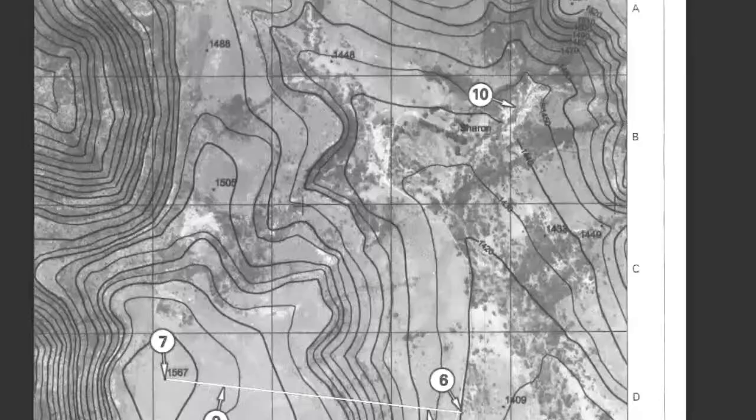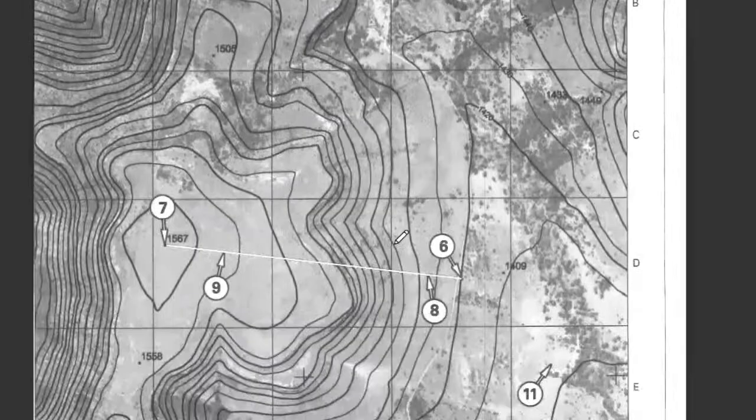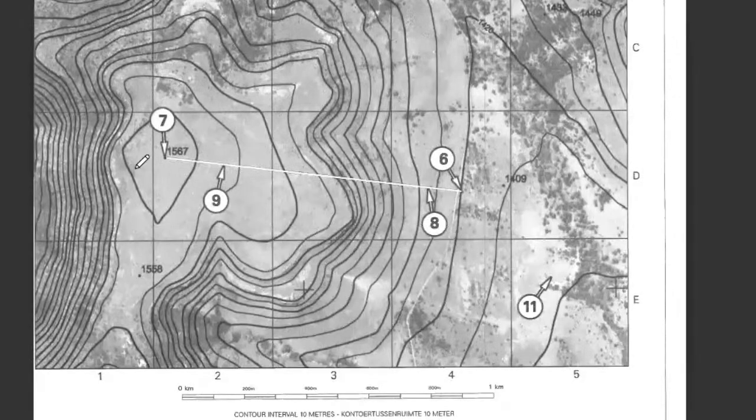We go to the map. We're using the orthophoto map. Here we see the spot height is here 1567 and 6 is here. So 6 is on the contour line. What is the reading of this contour line? When you follow it, its reading is here.